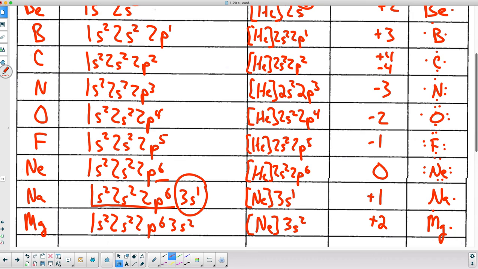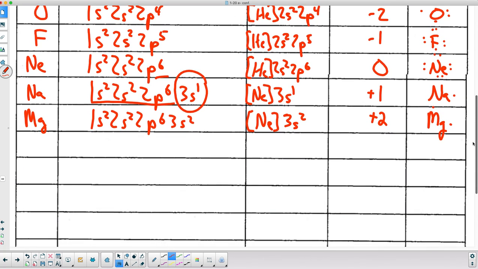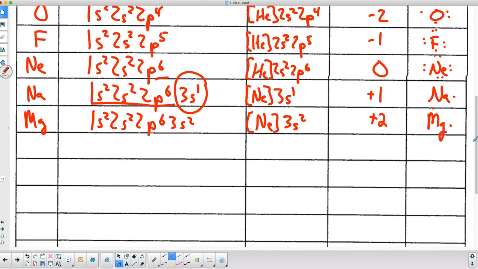All right, so I want you to finish this, go through, use the same pattern. Notice that every time we get to a noble gas like neon, the valence goes to 0. I can start over again with the noble gas that we use in the brackets to shorten the electron configuration.